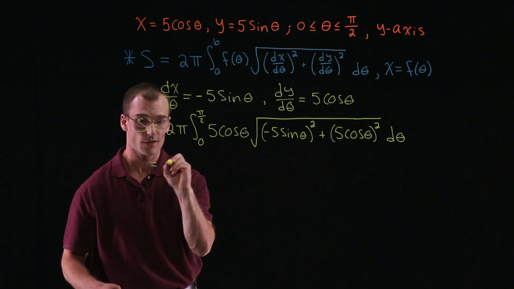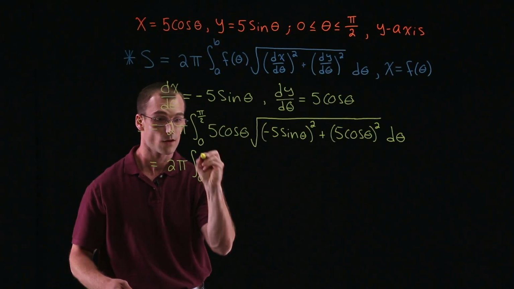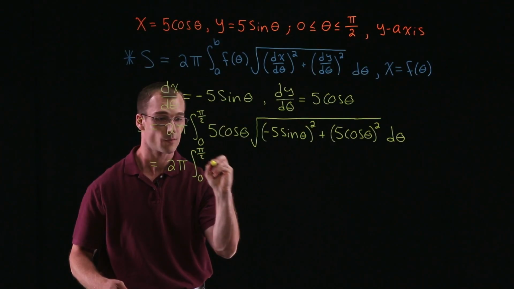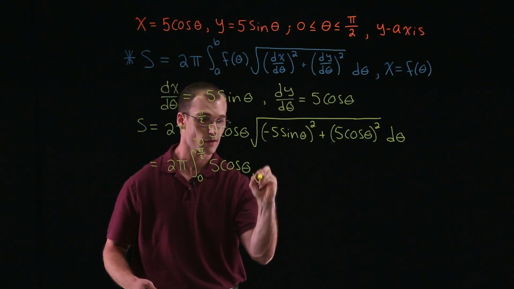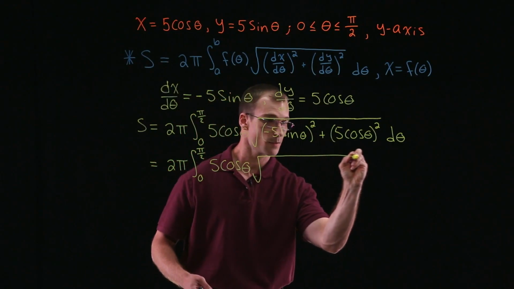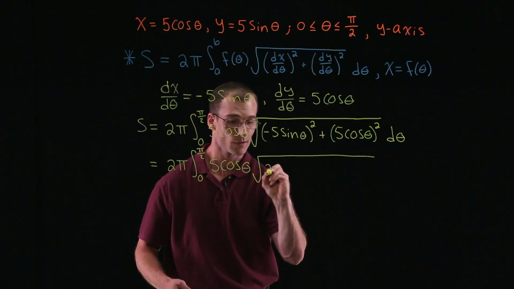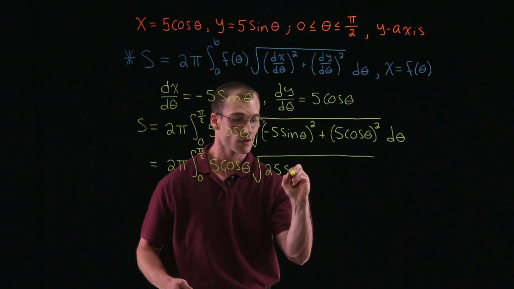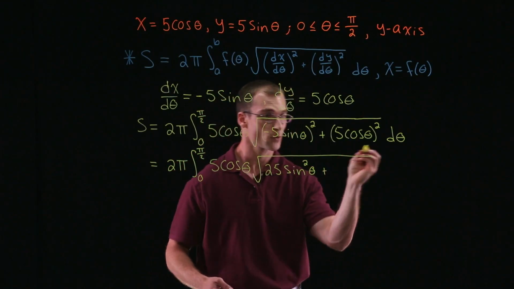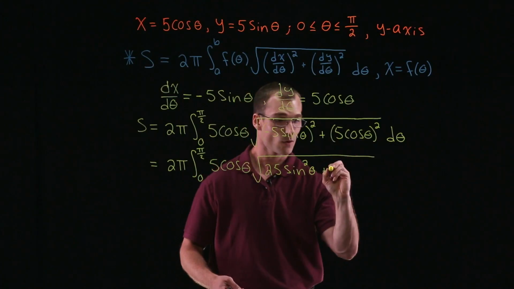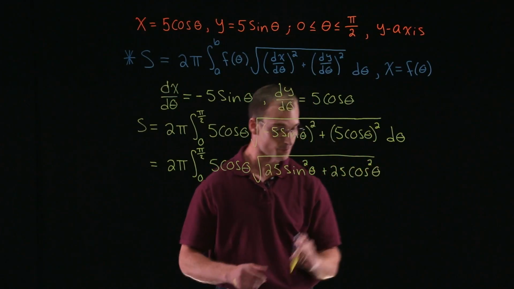So this is going to give us 2 pi times the integral from 0 to pi over 2 of 5 cosine theta times the square root. So squaring negative 5 sine theta is going to give us positive 25 sine squared theta, and squaring 5 cosine theta will give us 25 cosine squared theta.